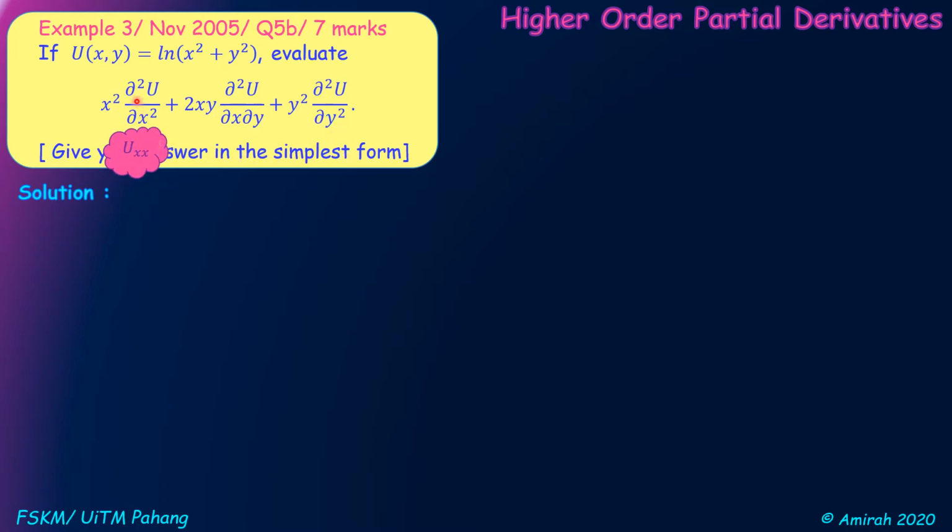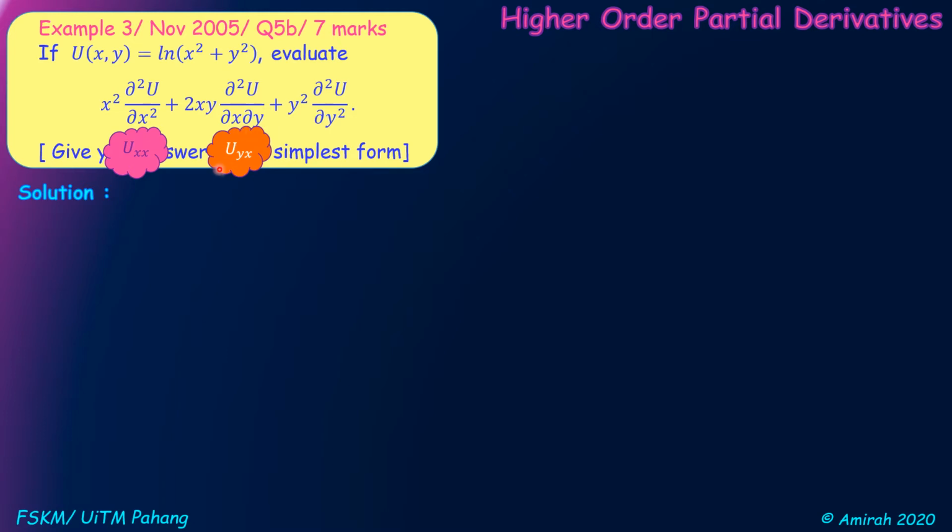Alright, before that, del 2u over del x squared equals u_xx. Del 2u over del x del y equals u_yx. Notice that when we use the del symbol, we differentiate from the right. Means we differentiate with respect to y first, and after that, we differentiate with respect to x.